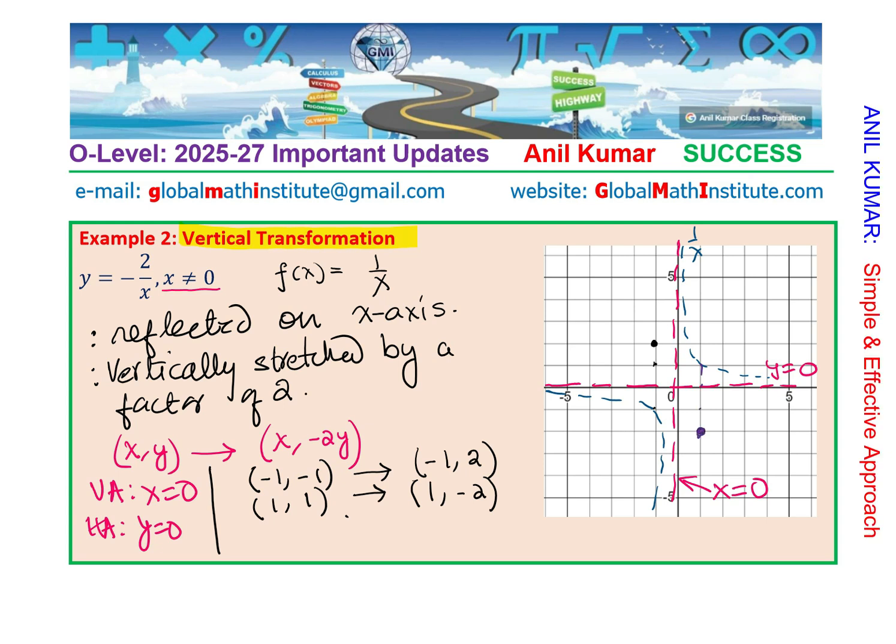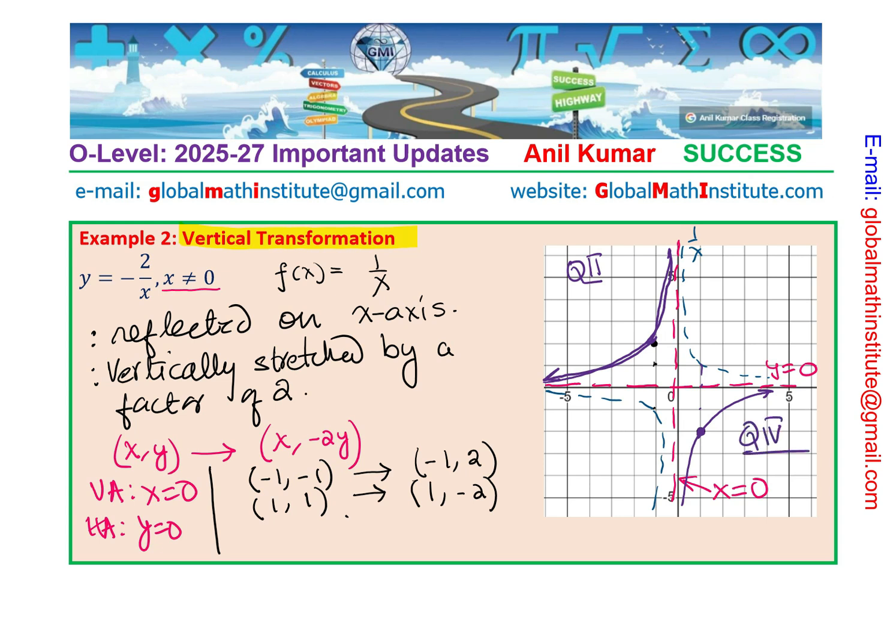You see that? So it is vertically stretched and reflected. So we have a graph like this. Do you see that? It goes through this particular point. The graph, which was earlier in quadrants 1 and 3, is now in quadrants 2 and 4, correct? Makes sense. And the function is always increasing.